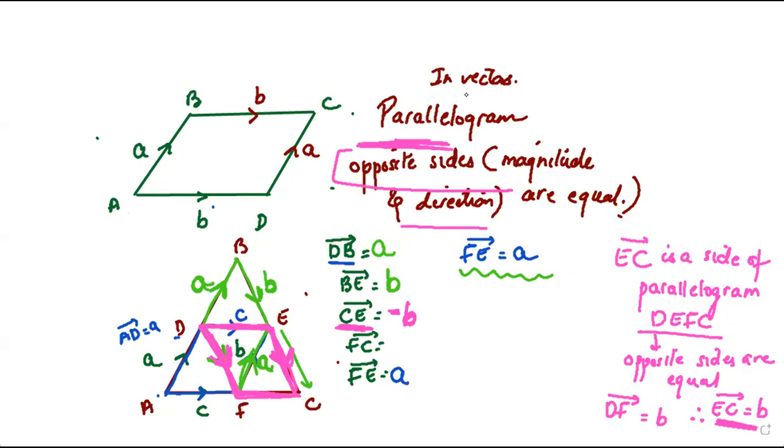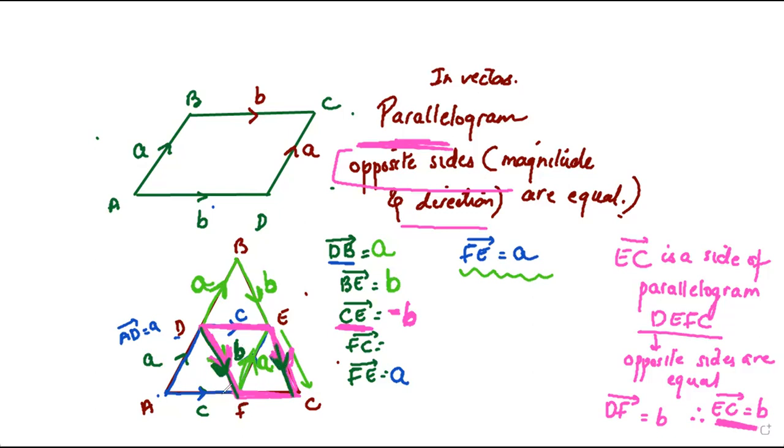They have already given in the question that vector D to F is in this direction and its value is B. Because the property is opposite sides are equal, if the direction of D to F is in this way, E to C will be in this way as well. So I will easily draw this one.